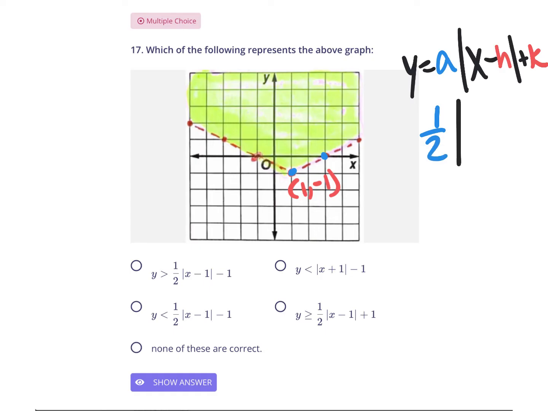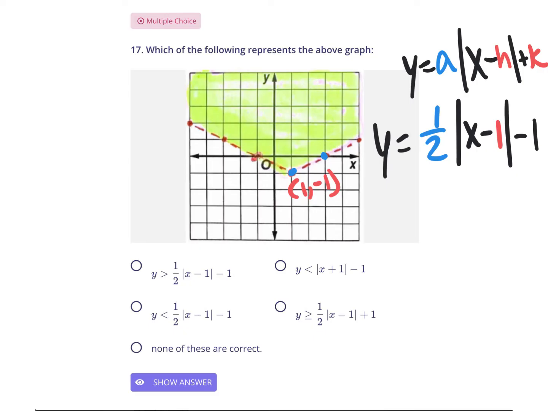So you have 1/2, open absolute values, x minus h, x minus that h value of 1, close parentheses, plus k, which would be plus the k value of negative 1. So instead of me writing plus negative 1, I'm just going to write a minus 1 right there, okay? So there's my answer. Y equals 1/2, absolute value, x minus 1, minus 1.